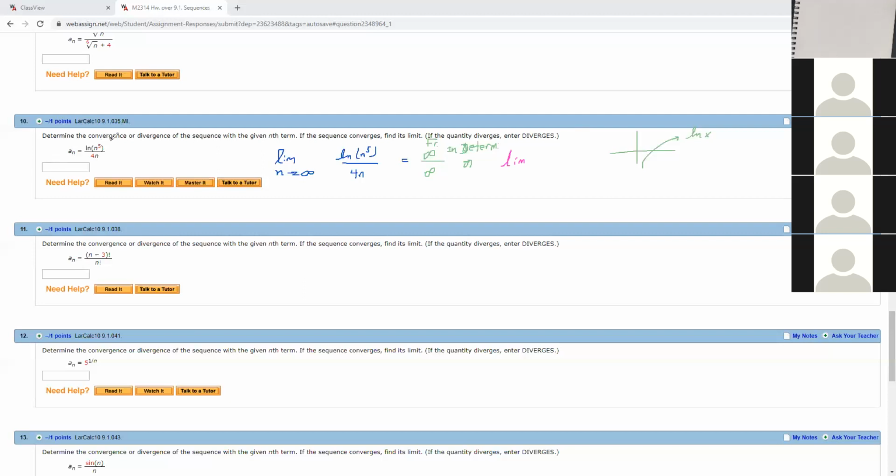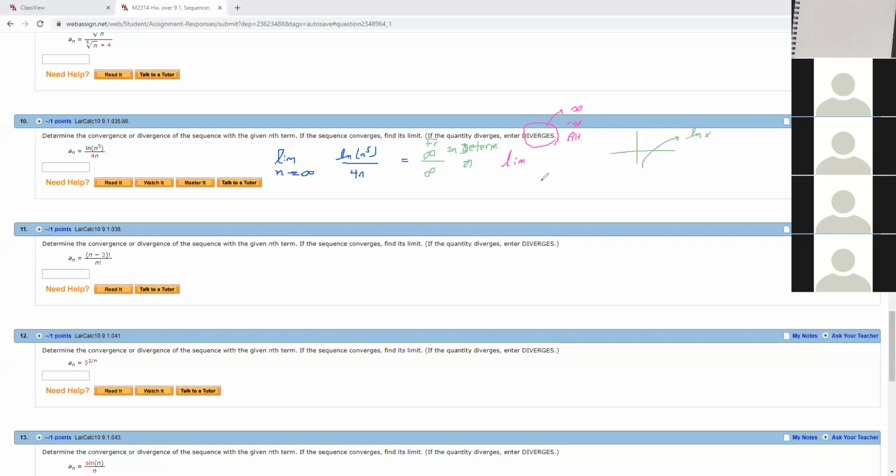Determine the convergence or divergence of the sequence with the given nth term. If the sequence converges, find its limit. If the sequence diverges, enter diverges. And I wish they would have been more specific than just this, because this means it could be one of these three: infinity only, negative infinity only, or alternating, but not alternating to a single finite number.